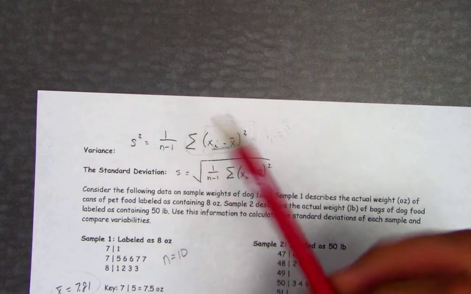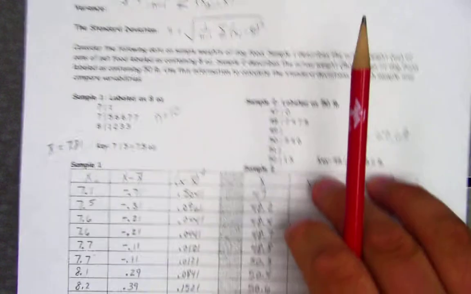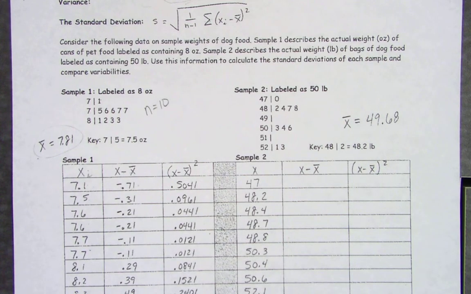The last thing we have to do is multiply it by 1 over 10 minus 1. So that's 1/9. So 1/9 times 1.429 is 0.1587 repeating. Doesn't really matter. We're just rounding here. So this is the variance. We just calculated the variance.